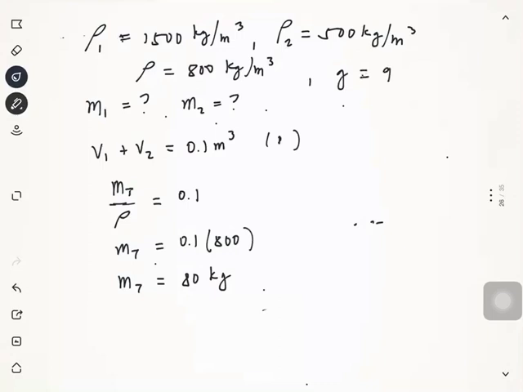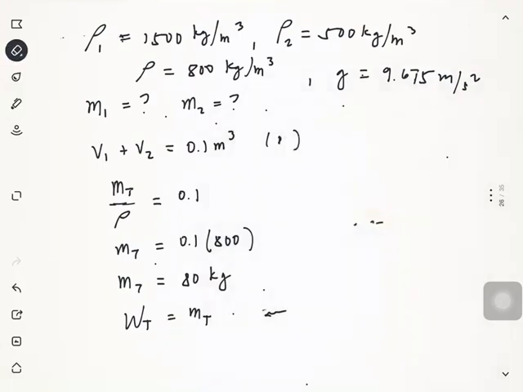So given the local gravity of 9.675 meter per second squared, you have the final weight, or the total weight. This is mass times gravity.